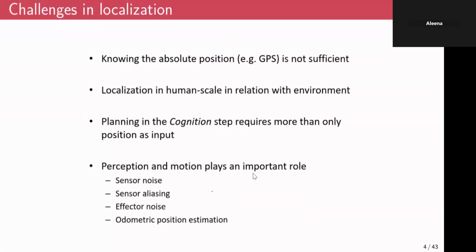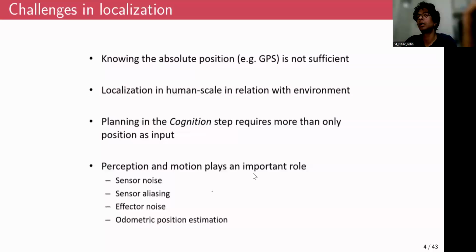And the next stage is planning in the cognition step, which requires more than only position as input. Just a position itself is not enough for planning the next step, right?